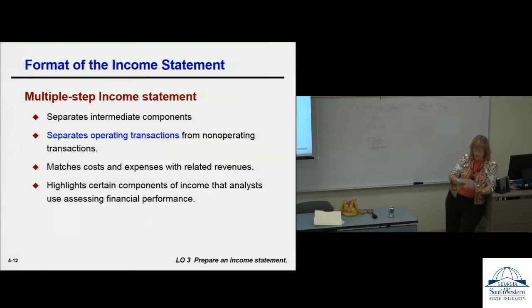Because now we know that this company made $186,000 from operations, and their net income for the year was $164,000. So see, this gives us better information to tell us how much they made from operations. Okay, and the net income number is the same in both of these. Notice the net income number, the $164,000, is the same no matter if you use a single step or a multi-step, okay? But it's just where you put it that matters, okay?